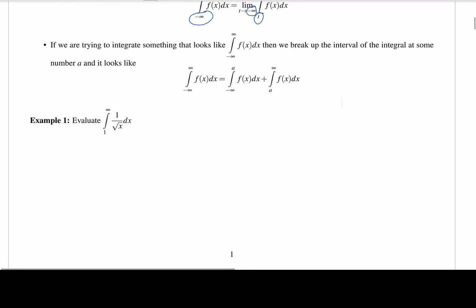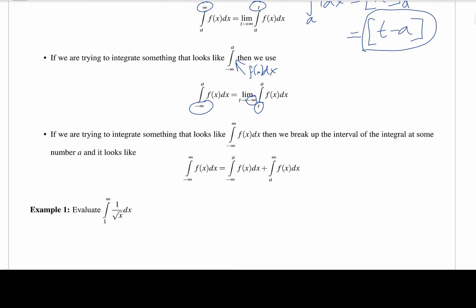Now, if you're trying to integrate something where we're going from negative infinity to infinity, you're going to break this up, right? So we have this interval, negative infinity to infinity. And this is going to be equal to negative infinity to a union a to infinity. And so we just pick some number a to kind of cut this interval into two halves.